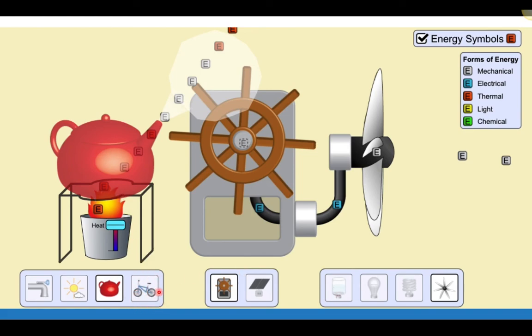A person would be riding the bicycle, and you have to feed them, so you have to give them chemical energy, and the wheels of the bike are then tied to this wheel that turns and converts the energy into another form. So the idea here is that there are many different forms of energy, and those different forms of energy can be converted from one type into another type and back to the original type in some cases.